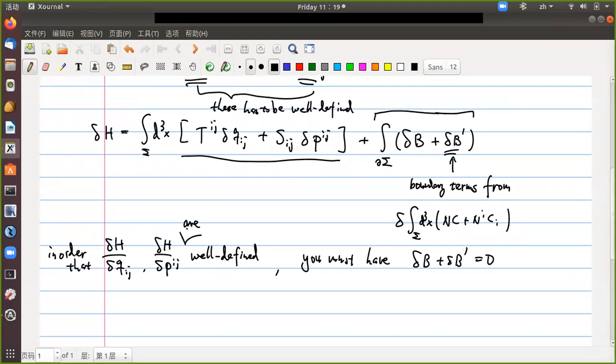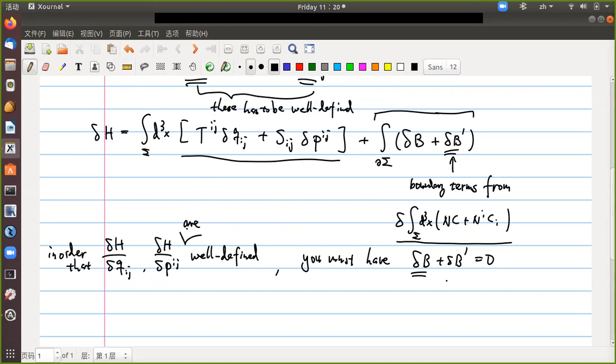So you see, this is a different way to compute this delta B. You just solve this equation, because you can compute delta B prime by considering the variation of the bulk term.